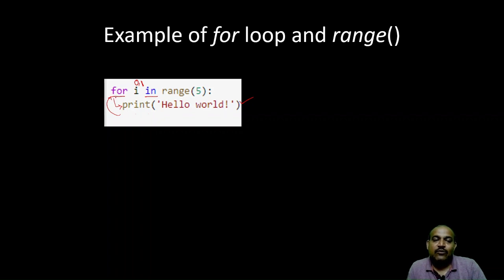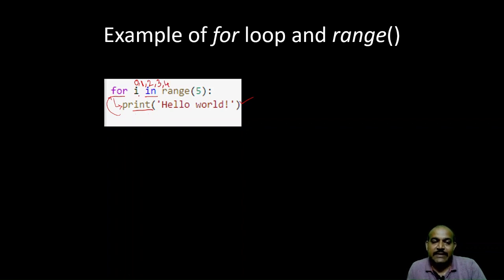Automatically, when it goes back to the for loop, i will take the value 2. 2 comes in the range of 5, yes, so it will enter the loop and print hello world. This will repeat for i taking the values 3 as well as 4.